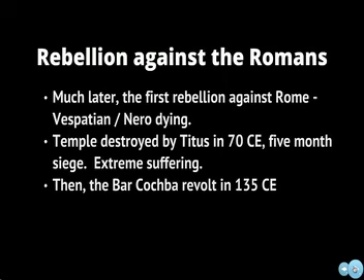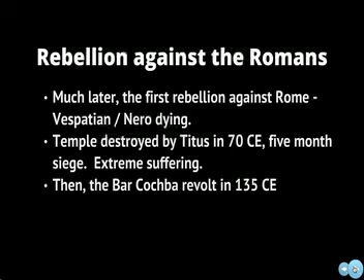Okay, that was a rebellion against the Greeks, and the rebellions against the Romans were short and bloody because the Jews pretty much got their butts kicked by the superiority of the Romans. Very much later, the first rebellion against Rome started in about 66 CE.